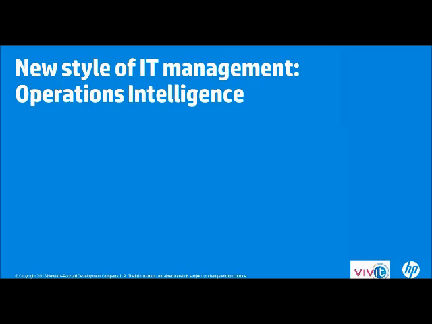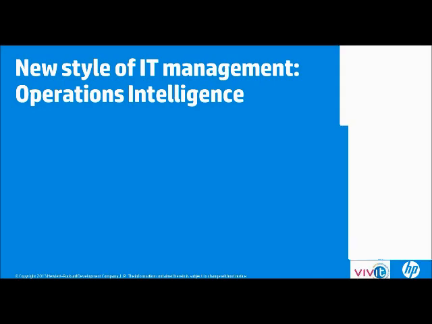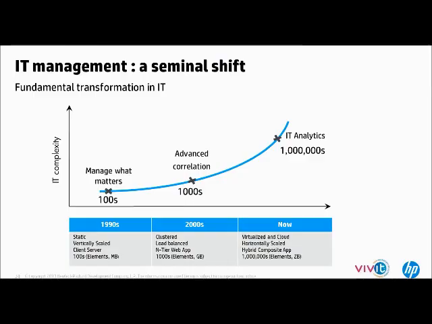Now let me switch gears and talk to you about the new style of IT management with operations intelligence. As you all know, in the early 90s, the concept of management was predetermined. We knew what we needed to manage, and the scale was small. And in 2000, we introduced the concept of advanced correlation because the scale increased and applications became multi-tiered.